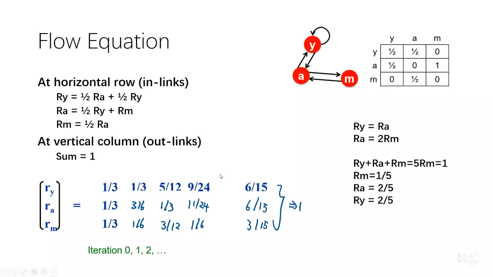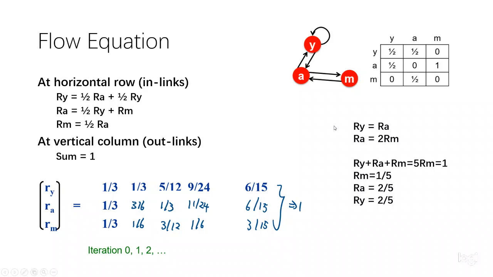After many rounds of iterations, it will converge to 6/15, 6/15, and 3/15 for ry, ra, and rm respectively, which is 2/5, 2/5, and 1/5.